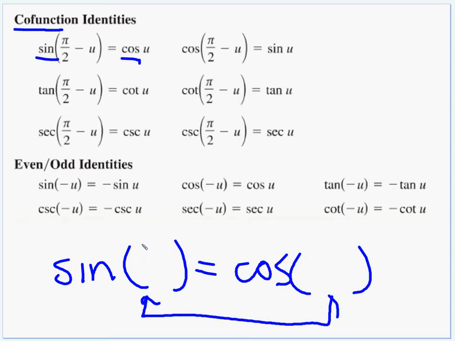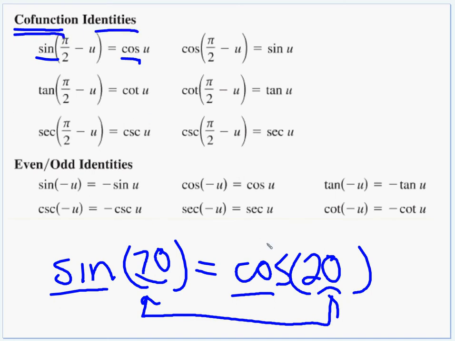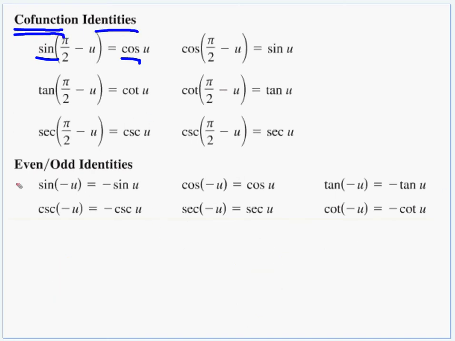And let's do that with degrees because it's easier. If I put 10 in here, what's the complement of 10? 80. The sine of 10 and the cos of 80 are the same. I could put a 20 over here for cos. The complement of 20 is 70, so the sine of 70 and the cos of 20 are the same. So cofunctions of complements are equal.